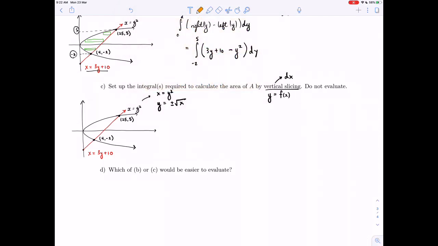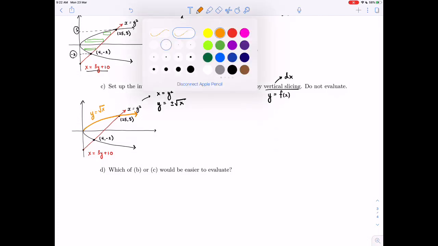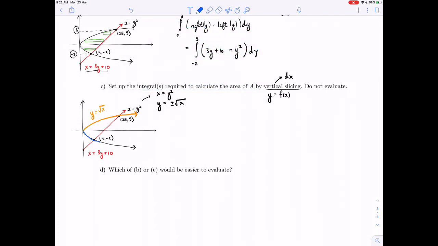Let's go ahead and draw them both in. So in orange, I'm going to draw y equals the root of x, the positive root of x. And in blue, I will draw y equals minus the root of x. So let me go ahead and get rid of the label in black. Now for the straight line, x is equal to 3y plus 10.